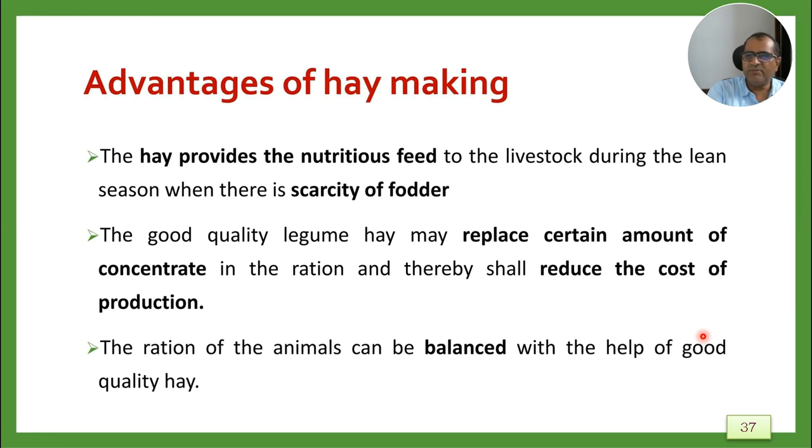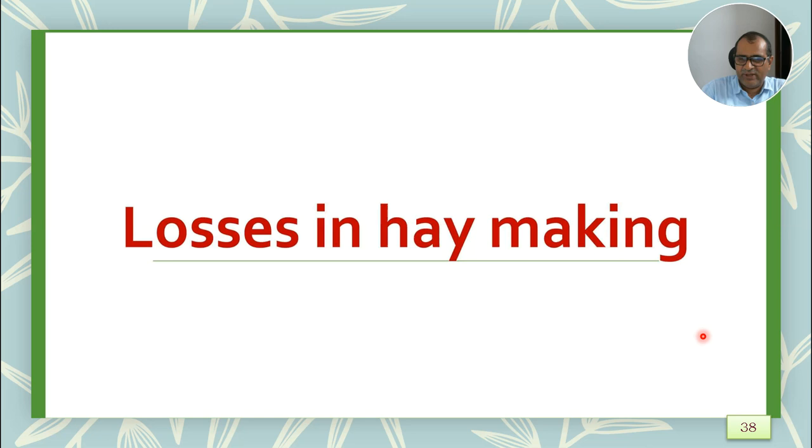Then the advantage of hay making is always that the hay provides the nutrient feeds to the livestock during the season when there is no fodder or scarcity of the fodder, and good quality legume may replace certain amounts of the concentrates in the ration and thereby shall reduce the cost of the production, and the ration of the animal can be balanced with the help of very good quality hay. So we can reduce the concentrates totally by feeding the animals with good hay.